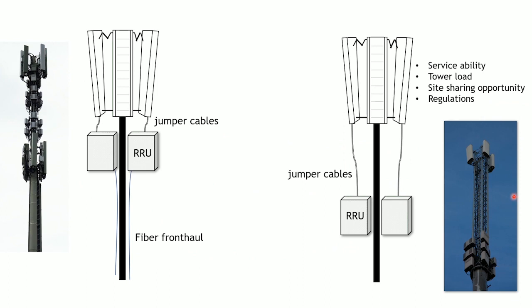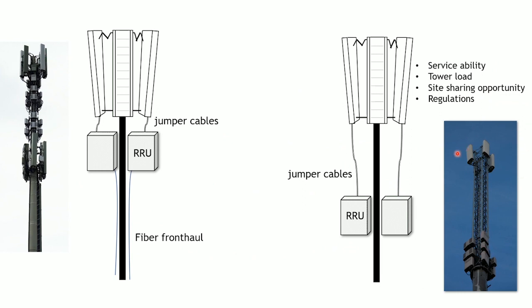So a lot of operators today see the benefits of moving the RUs a bit down the tower. It could be tower load, serviceability, site sharing, doing it with another operator, or regulations. That is the beauty parlor. I mean, we have to have invisible sites and things like that, and it's easy to move down the RUs.